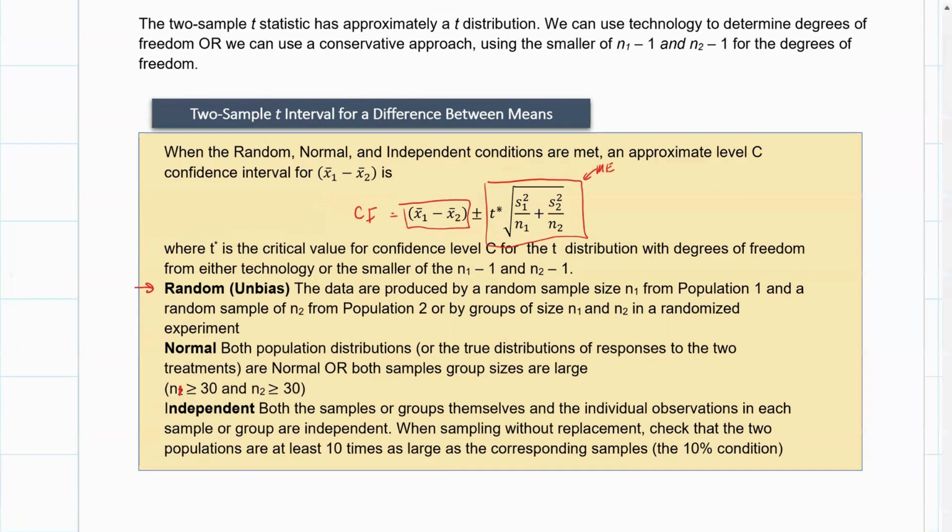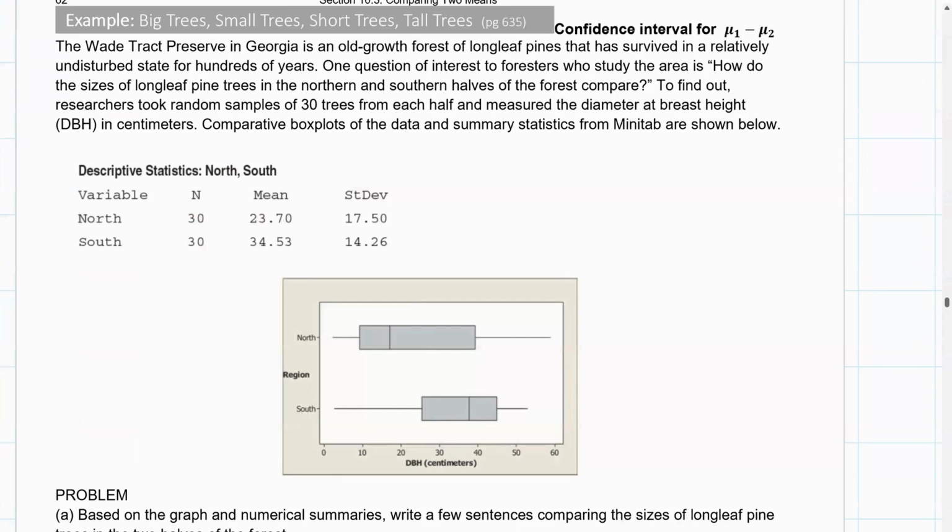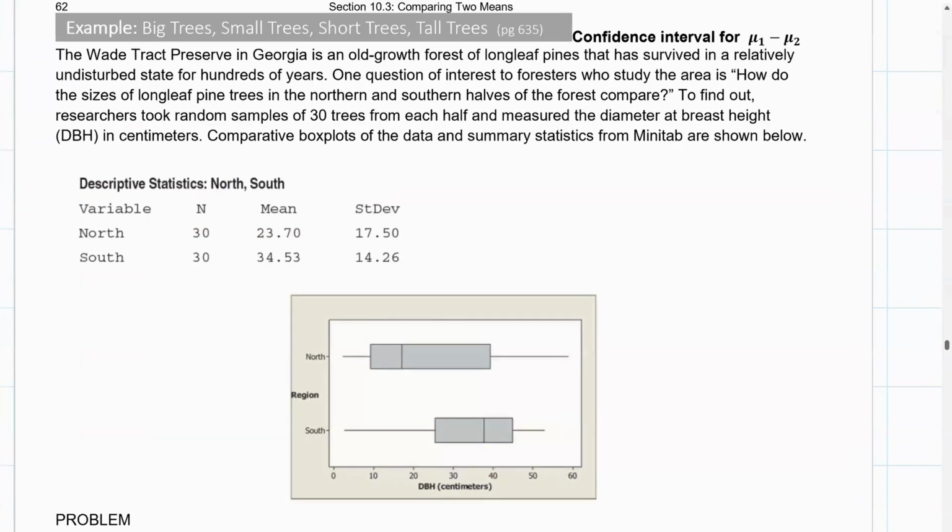We're going to take this next page, talk about a sample problem, and I'll bring up an idea from days gone past. It says the Wade Tract Preserve in Georgia is an old growth forest of longleaf pines that have survived relatively undisturbed for hundreds of years.